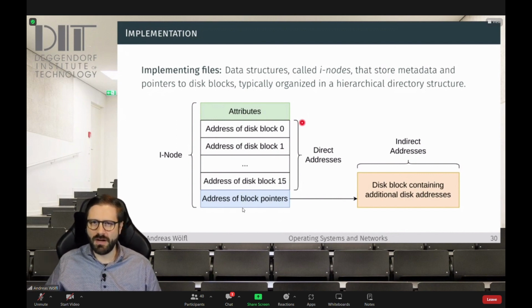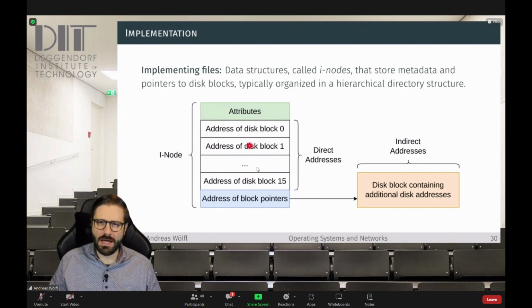So if you remember, a file has read, write, execute permissions, the owner of a file, the group of a file. All these kind of metadata describing files are listed in the top of an inode. This is the attribute section at the top. And then following the attributes are the addresses of the contents of the file.